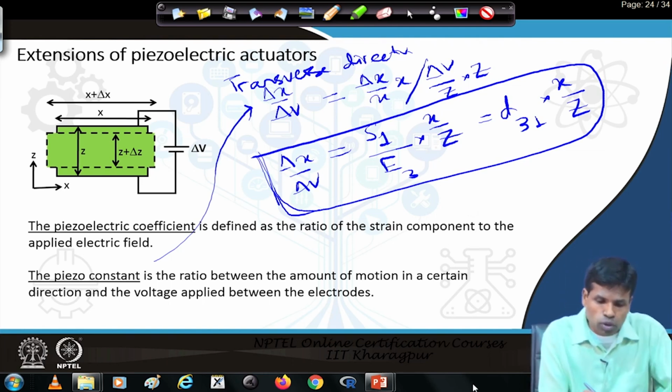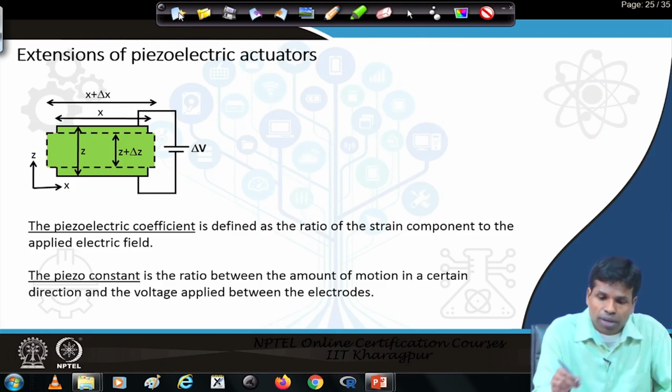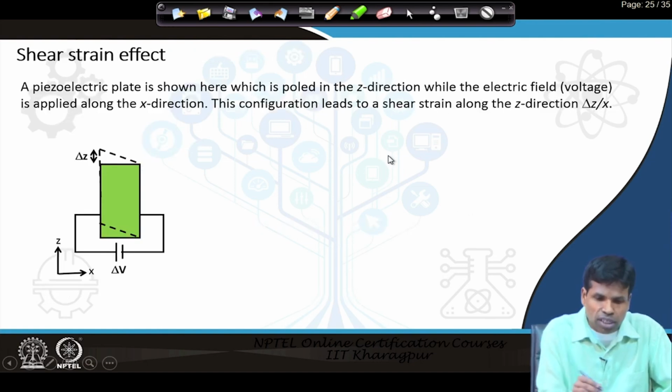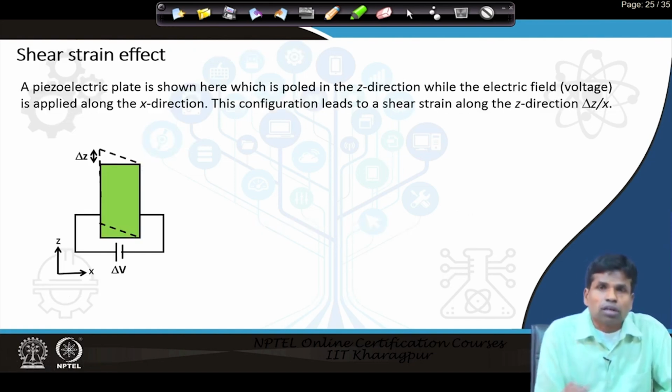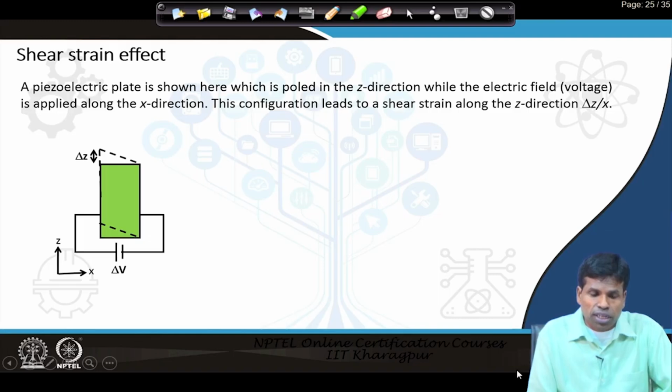In addition to that, we have so far discussed the piezoelectric coefficient, the piezo constant, in the longitudinal and transverse directions. We have another, which is shear. The piezoelectric coefficient can also be seen through shear strain. A piezoelectric plate is shown here, which is poled again in the z direction, while the electric field voltage is applied in the x direction.